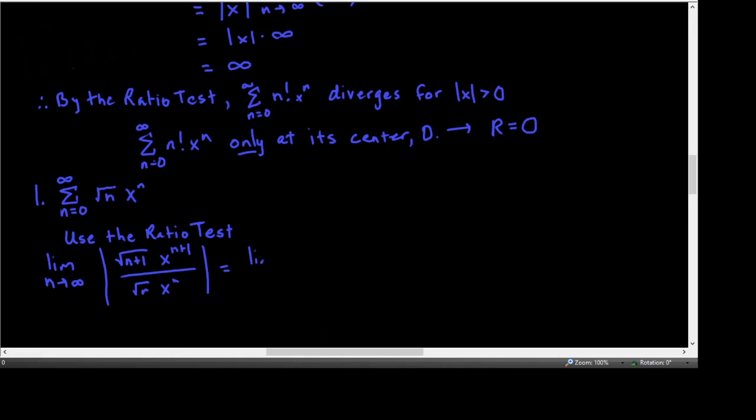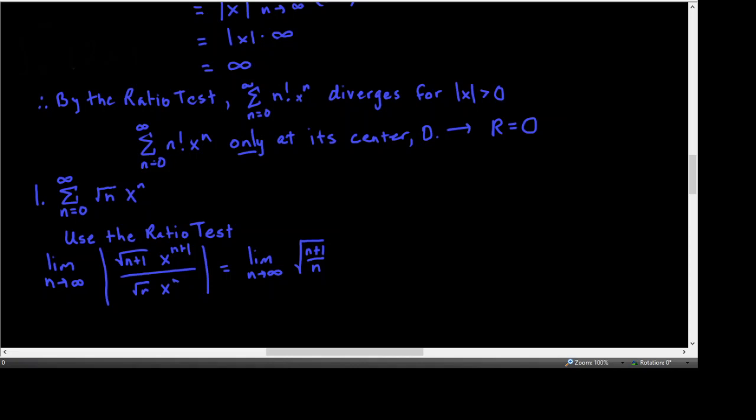Okay. The absolute value of the square root of n plus 1 over the square root of n is just simply going to be the square root of n plus 1 over n, because that's not ever going to be negative. We don't need the absolute value.